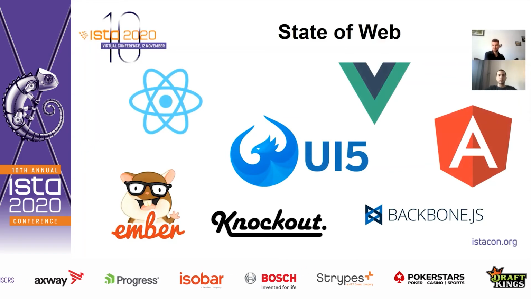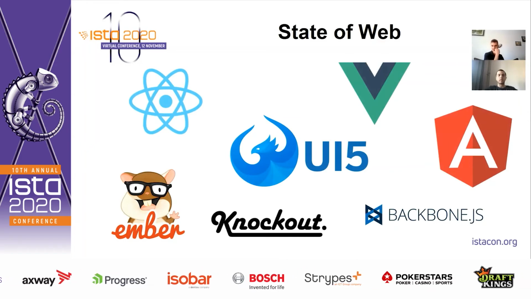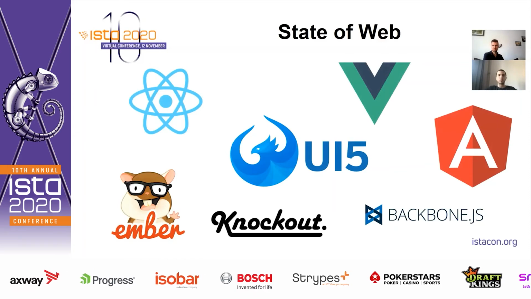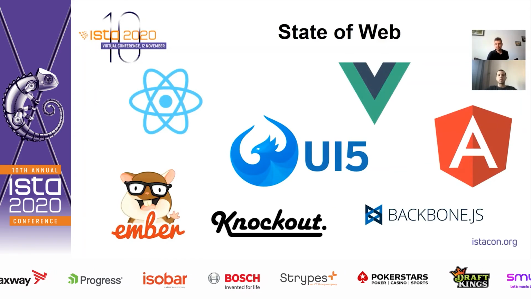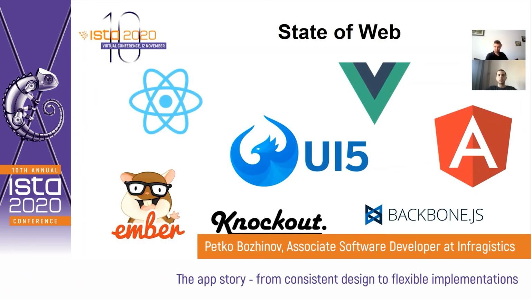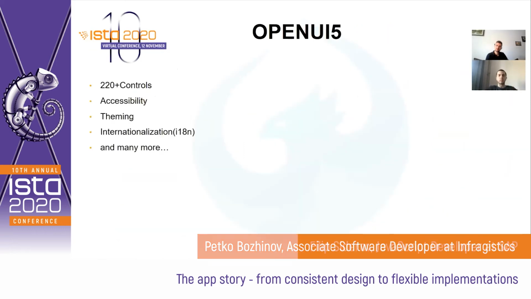What's common between all these frameworks is the fact that they provide a programming model, something like data binding, templating, and so on. Right now, I want to focus on OpenUI5, which is a framework which provides something more than a programming model. It's a framework that comes with built-in controls.